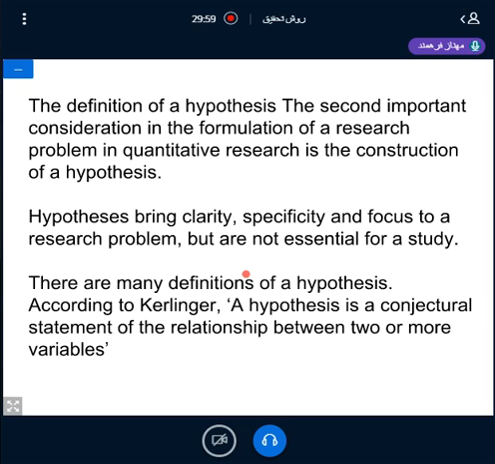So please note, they are not essential, but they can bring clarity and specificity to your research. There are many definitions of a hypothesis. According to Kerlinger, Kerlinger is the name of the scientist, a hypothesis is a conjectural statement of the relationship between two or more variables.